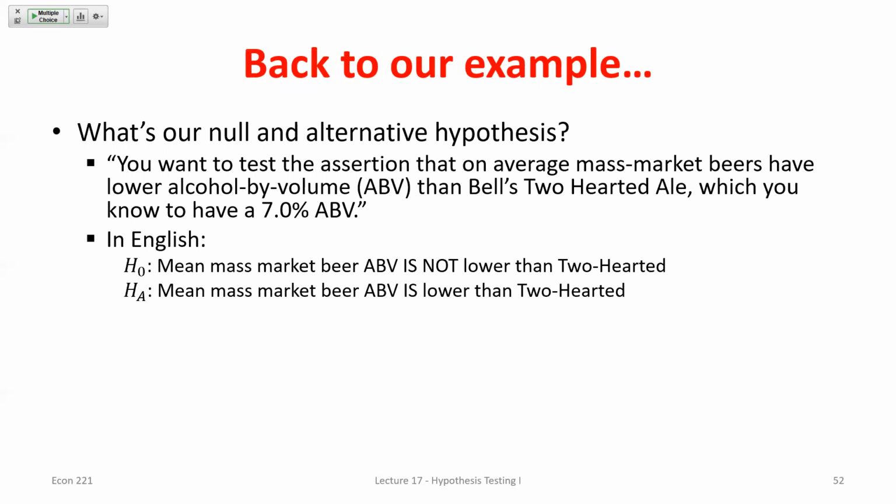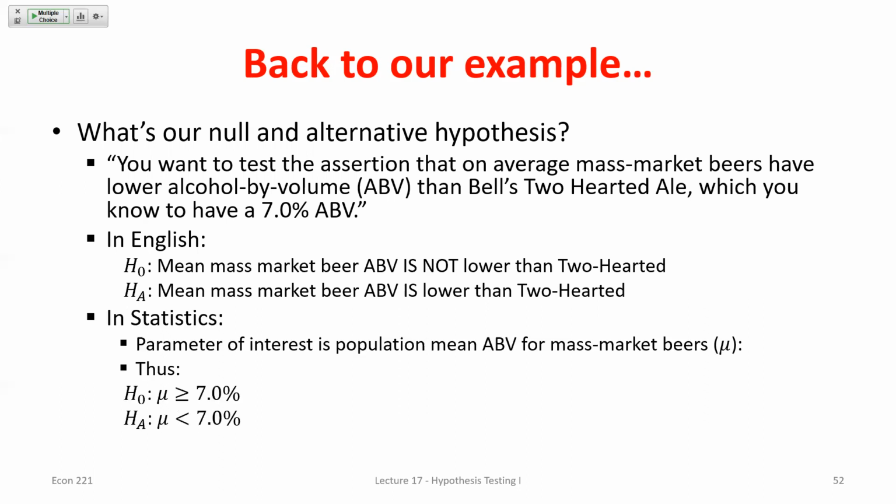I chose a very specific value here. So is it less than 7%? I then assume the opposite is true, which is that it's not lower than that 7%. Writing this out numerically, my alternative is that it's less than 7, which means I assume the opposite is true. I stack it up against myself, which is that the true population mean is greater than or equal to 7%.